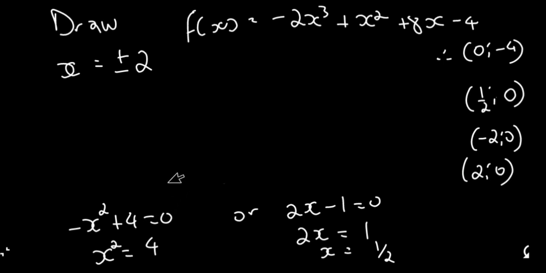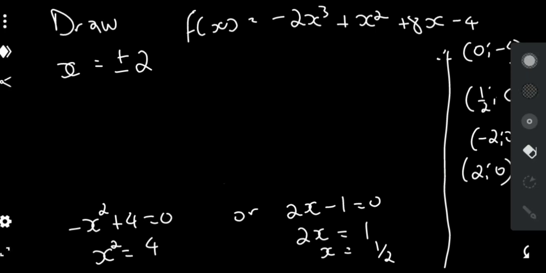Let us find the coordinates of the stationary point. To find the coordinates of the stationary point, you need to differentiate. You need to get the first derivative and equate it to 0.